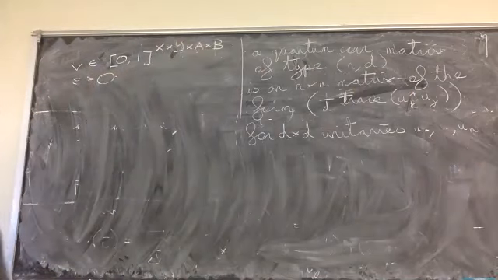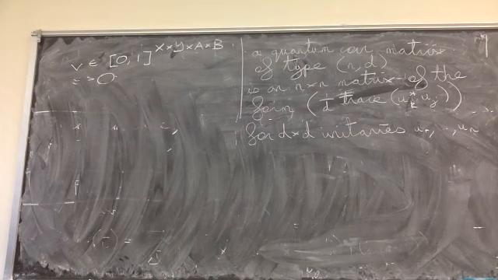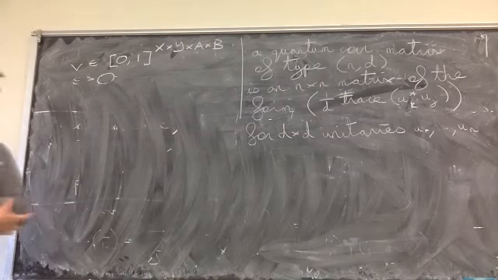Okay, so quantum correlation matrix of type n, d is what we're going to use to refer to a matrix with this form.